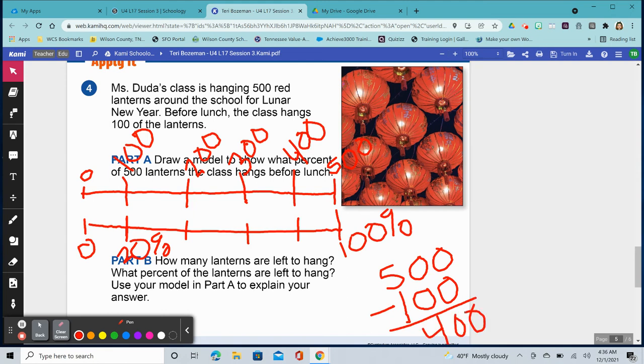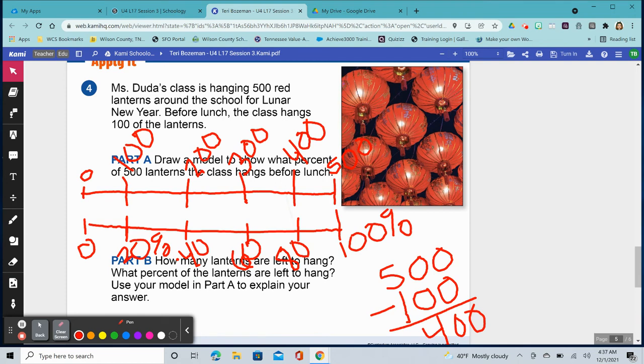Now there's 2 ways you could do the next part. You could say, okay, well, if you actually labeled the other percents, right? This is 40, 60, 80. You could look at it as, okay, well, what matches up with 400 lanterns?